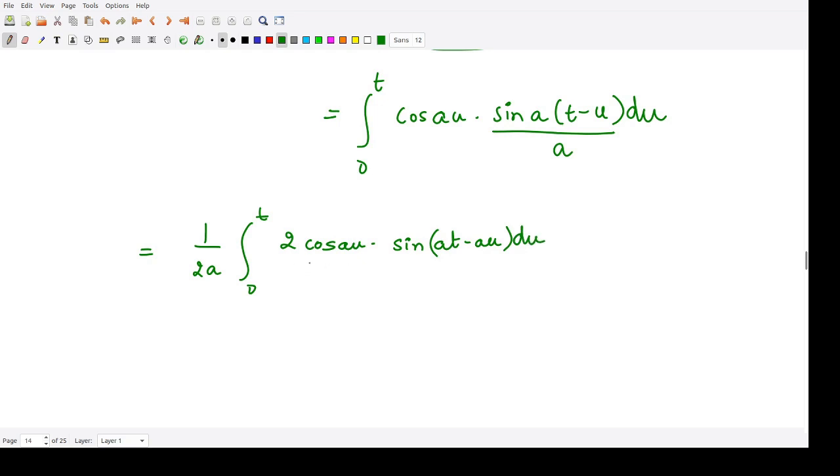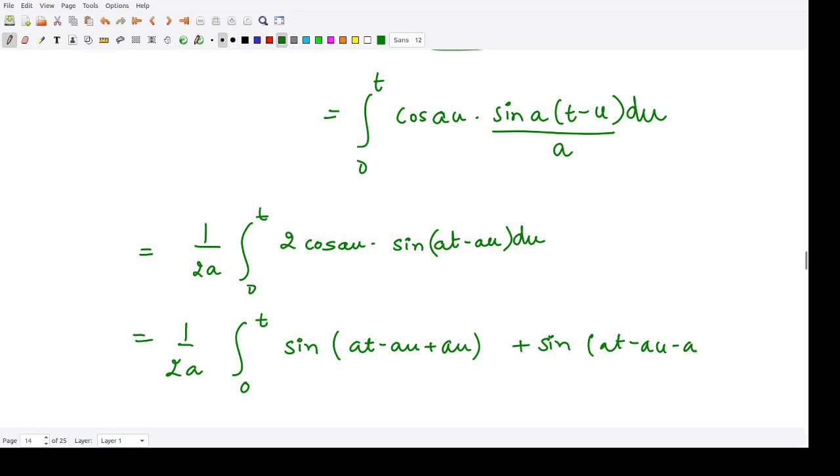Now 2 cos A sin B is equal to sin(A plus B) plus sin(B minus A). So it would be the integral from 0 to t of sine of (at minus au plus au), and then plus sine of (at minus au minus au) du.